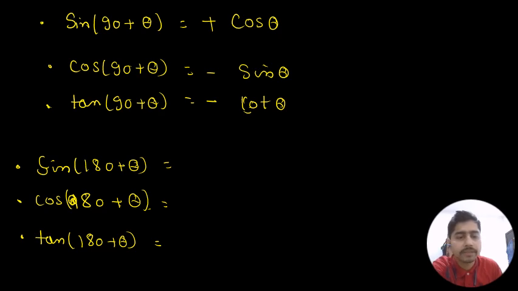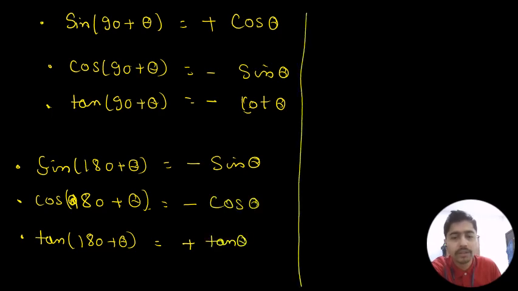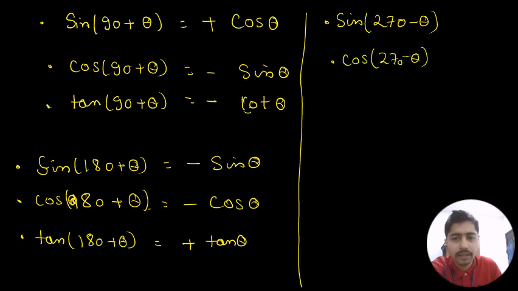So for 180 plus theta, in the third quadrant sine is negative, cos is negative, and tan is positive. So it will be minus sine theta, minus cos theta, and plus tan theta. We can write the third quadrant in one more way: sine of 270 minus theta, cos of 270 minus theta, and tan of 270 minus theta.